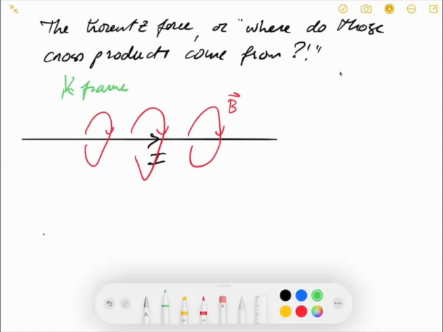Now, this is the easiest way to do it, but let's say that magnetic field is now interacting with a charged particle. So I'm going to put some kind of a charged particle here, Q, and it's moving with some velocity V. Then we know that there is going to be a Lorentz force that's going to go in this direction.